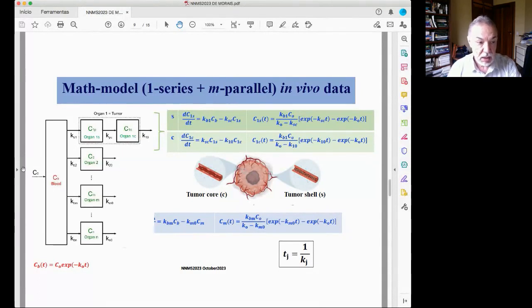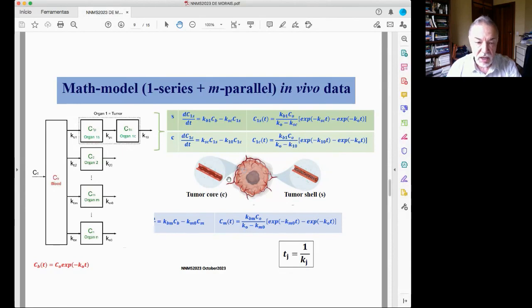Actually, we injected one material in the animal blood circulation, and this animal has a tumor, and we analyzed the transfer of this material to the tumor, and actually we had to model the tumor as two compartments.